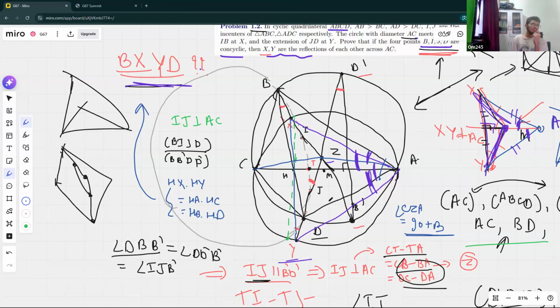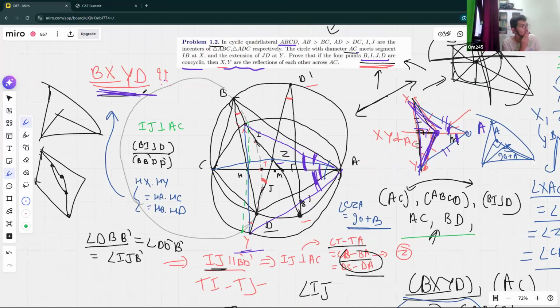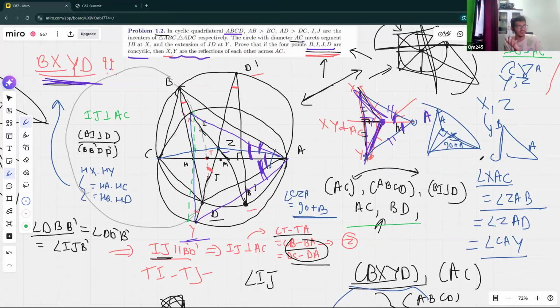Yeah, that doesn't finish us. Sad. Okay, now I can't find the fix immediately. But yeah, this needs some more work, I guess, to prove BXT is cyclic immediately. But we have one proof with isogonal conjugates.